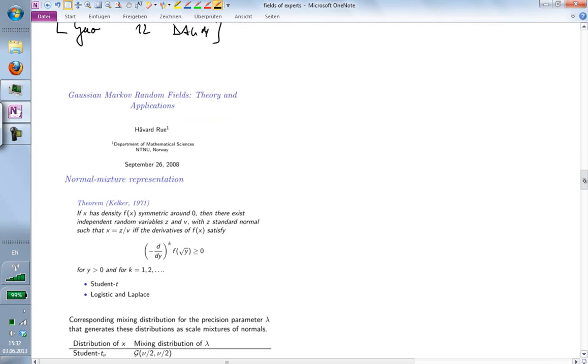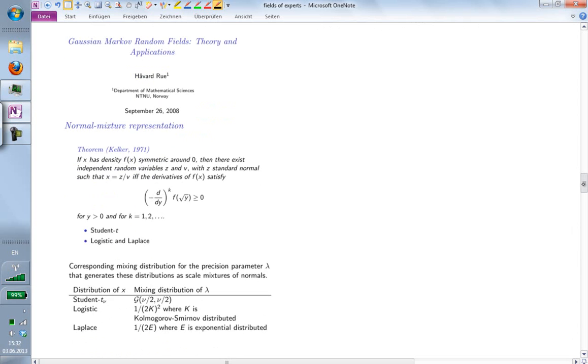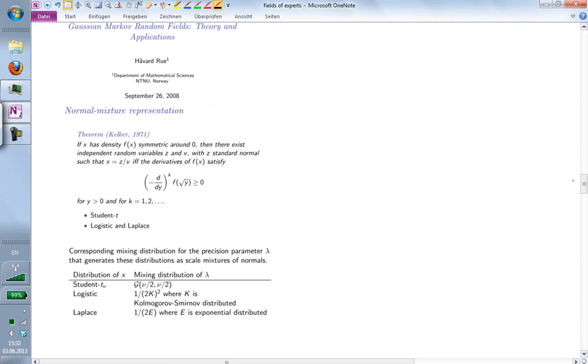And I have some slides here from Harvard Roth, which summarize what is known about the relation between the Gaussian and various heavy-tailed distributions.